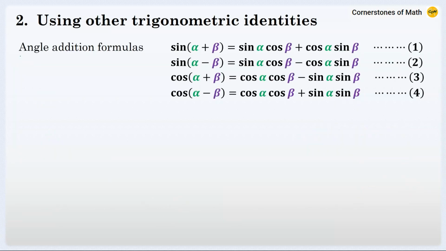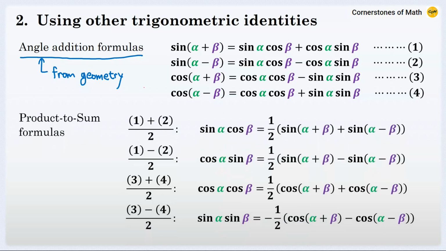Some of you might think of using angle addition formulas, which are essentially derived by geometry. Well, we are not directly using angle addition formulas, but we use these formulas, which are directly derived from angle addition formulas. These formulas are called product to sum formulas because they allow us to convert the product of trigonometric functions into sums and differences of trigonometric functions.